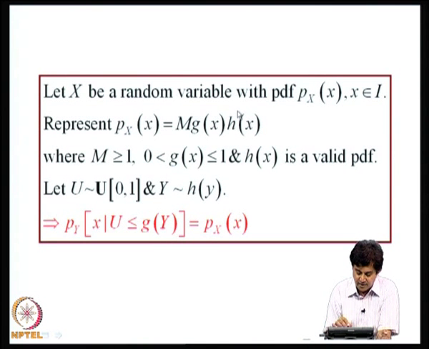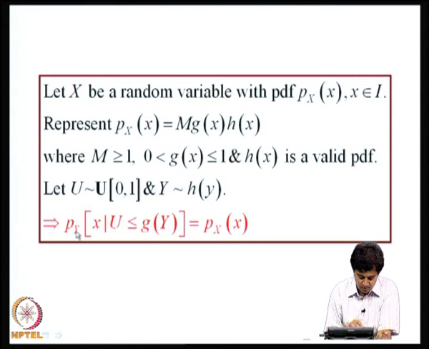So, let x be a random variable with PDF p_x(x), and x belongs to an interval I. We represent p_x(x) as m times g(x) times h(x), where m is a number greater than 1, g(x) takes values between 0 and 1, and h(x) is a valid probability density function. Now, let u be between 0 and 1 and y be the random variable with PDF h(y), and h(y) should be such that you should be able to sample y from h(y).